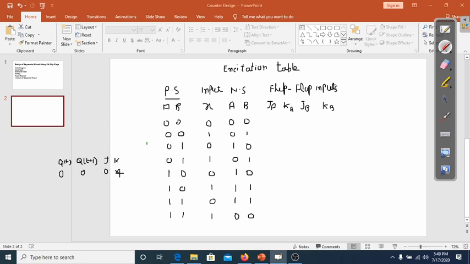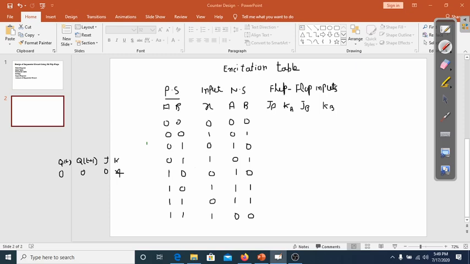K could be 0 or 1, but the input J must be 0.